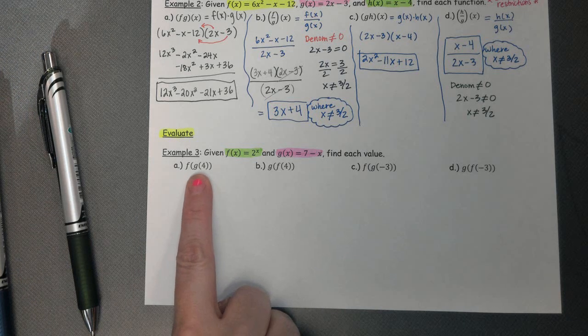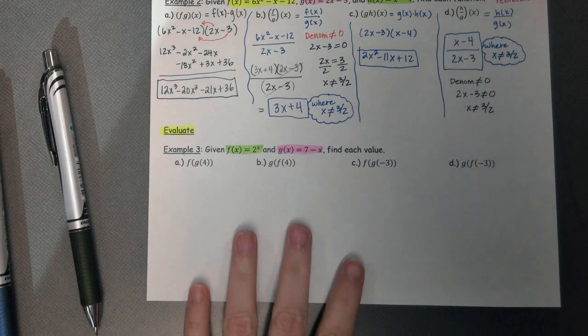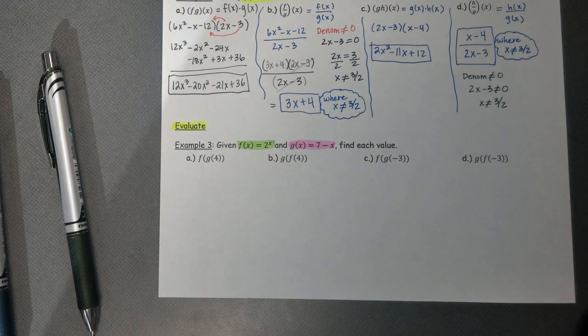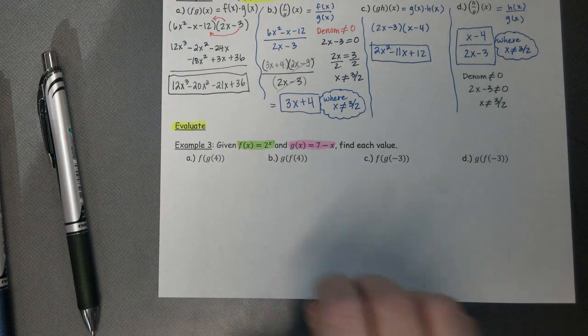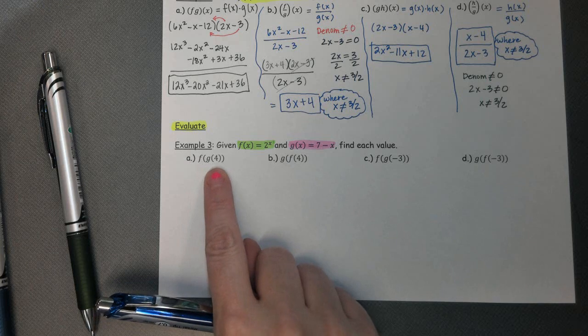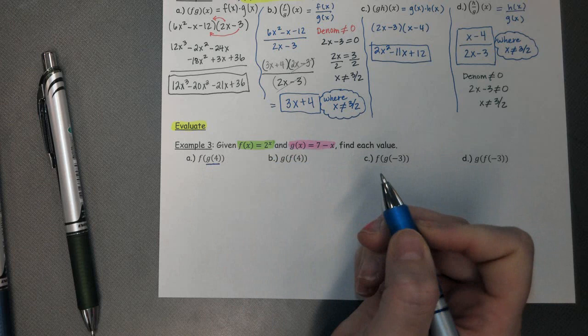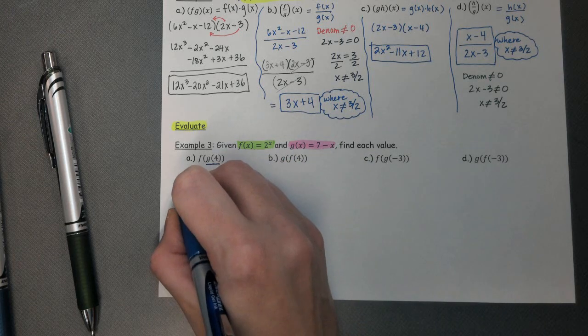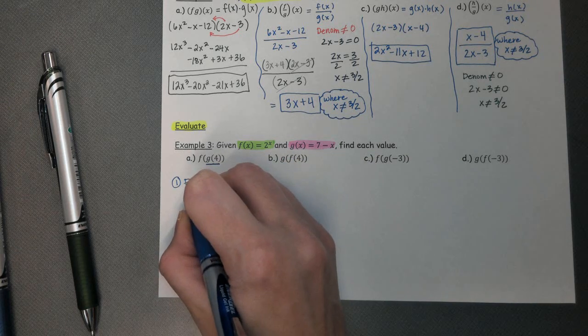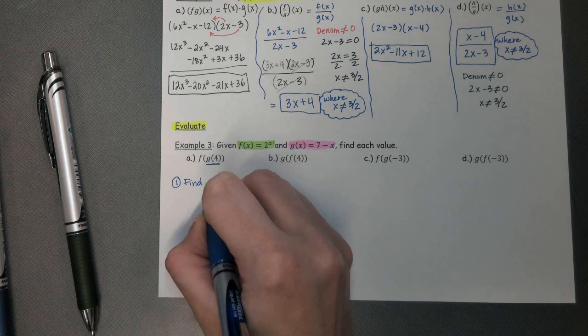When you have all of these parentheses, just like with your order of operations, you always start on the inside first. So you're always going to start with g of 4.